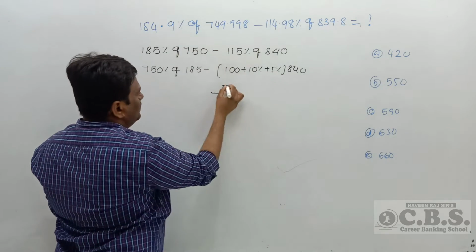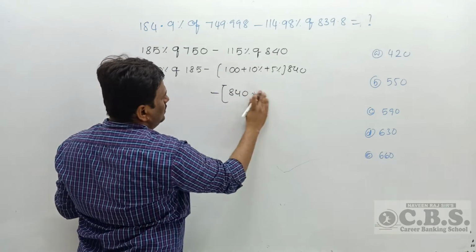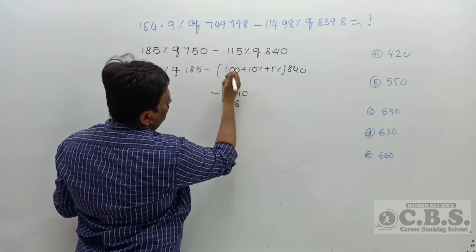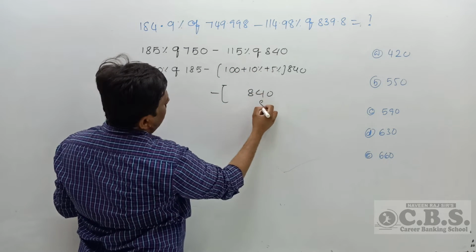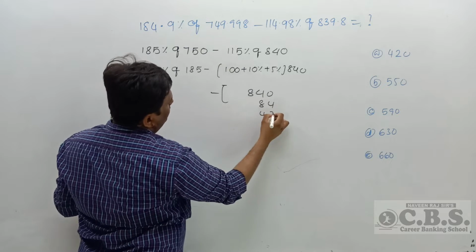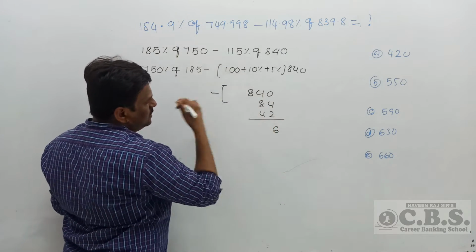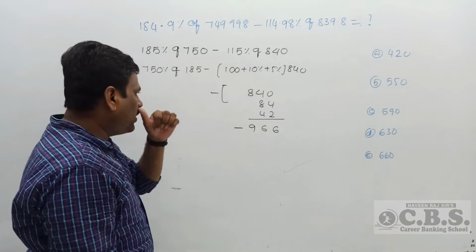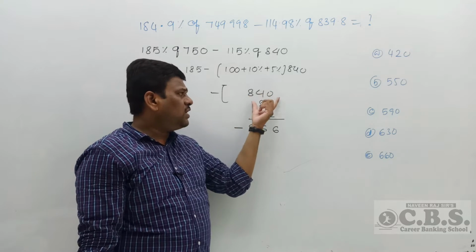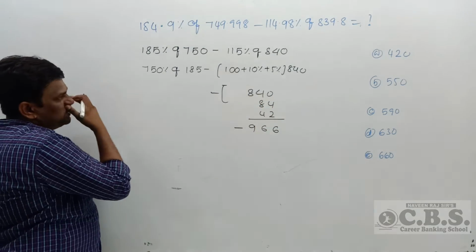So put a minus. 100% means the full number 840, 10% is 84, 5% is 42. So 840 and 84 and 42 minus 966. Get my point?